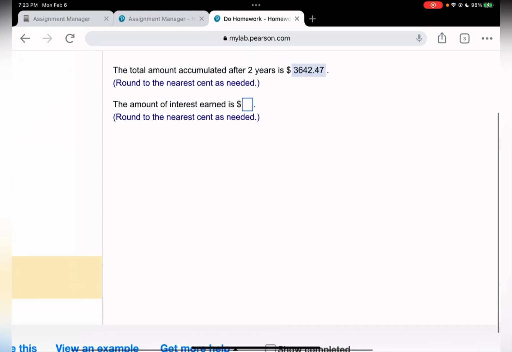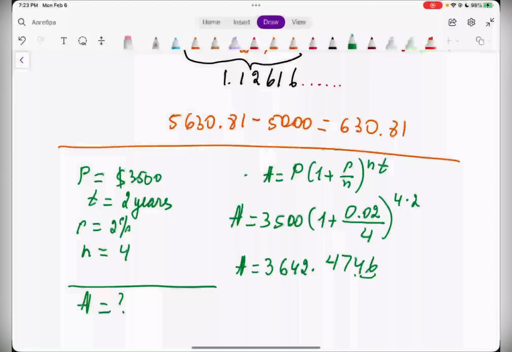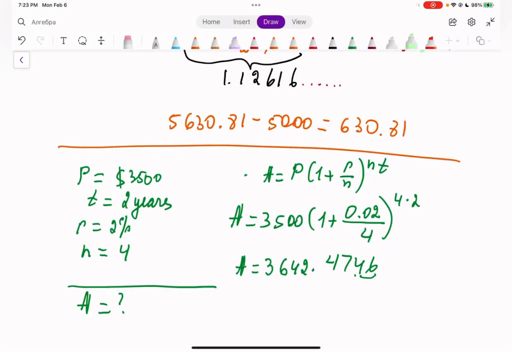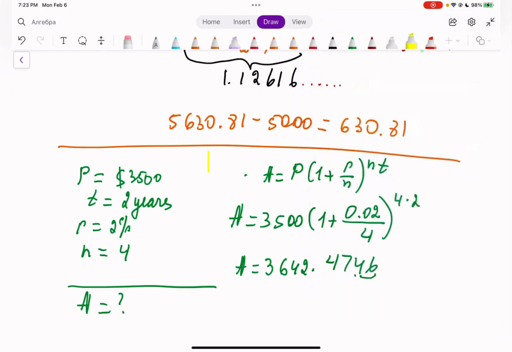And the amount of interest, well, let's see how much interest they made. We got here 3,500, and here we got 3,642 and something. So from here, 3,642.47 minus 3,500.